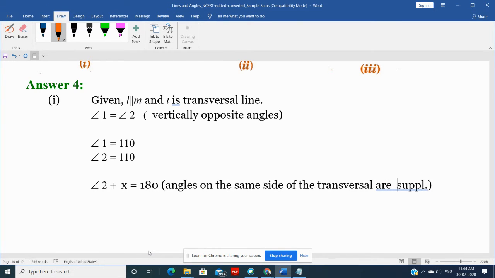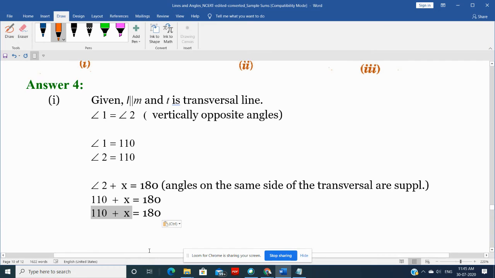You can write it in short form or in full. Now, angle 2 we know is 110, so just plug in the value, 110. Now I can take this 110 to the other side so that I can get the value of x.